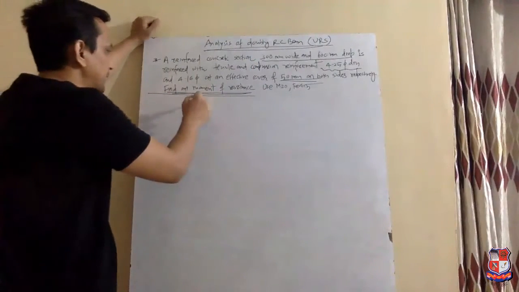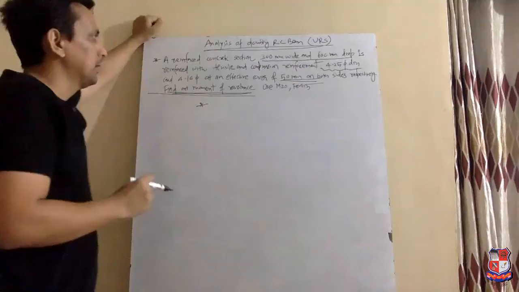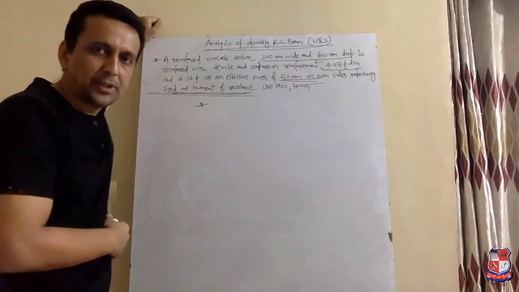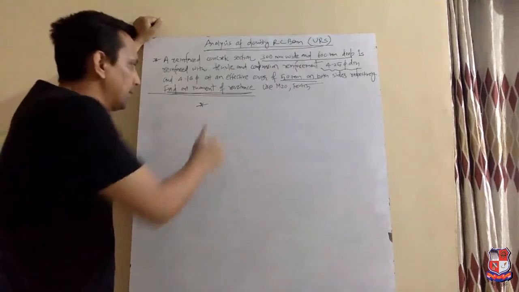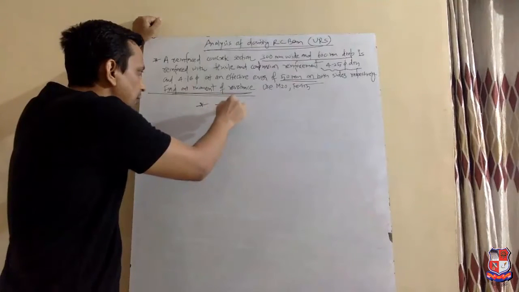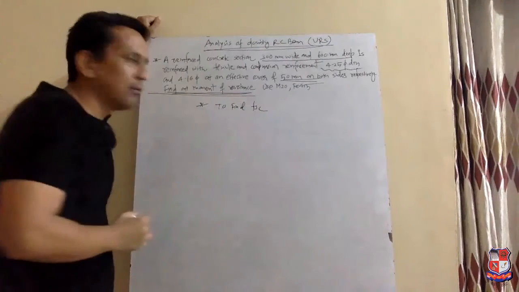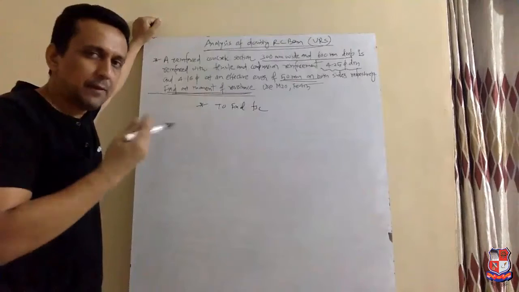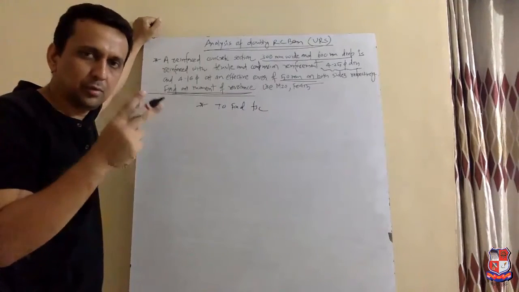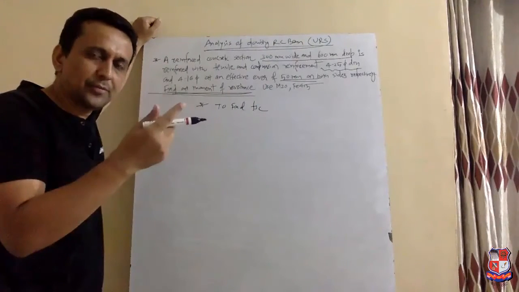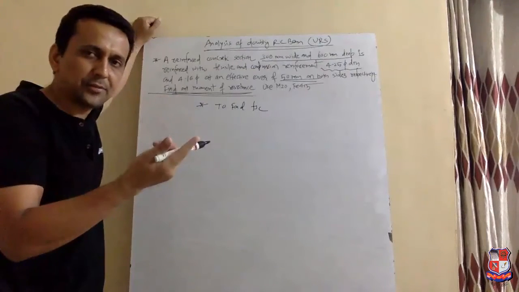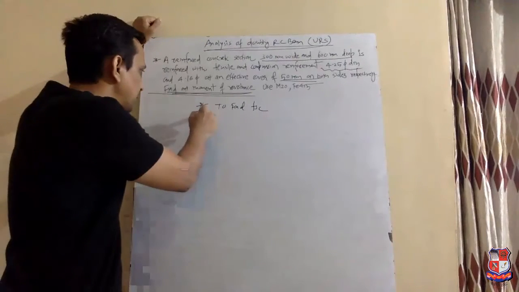Now, let me summarize this example. To find the moment of resistance of the beam, first you need to find the value of FSC. FSC you can find in two ways: one option is using the handbook and the second option is IS 456.